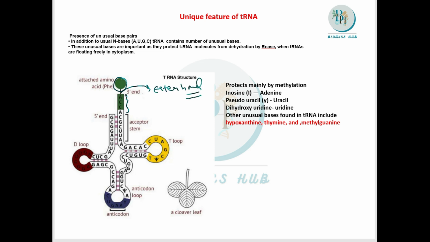The bond which forms between this ACC region and the amino acid is the ester bond. The tRNAs are freely floating in the cytoplasm, and they are protected mainly by methylation, like the conversion of inosine into adenine, pseudouracil to uracil, dihydrouracil into uridine. Except thymine, there are other unusual bases present in tRNA, like hypoxanthine, thymine, as well as methylguanine.